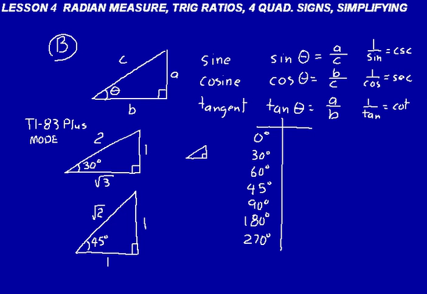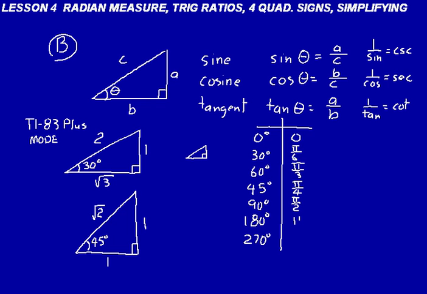So for 0 degrees, we'd have 0 radians. For 30 degrees, that's pi over 6. You can just multiply 30 degrees by pi over 180 to convert from degrees to radians if you want to make sure that what I'm doing here is right. 60 degrees is pi over 3. 45 is pi over 4. 90 is pi over 2. 180 is pi.